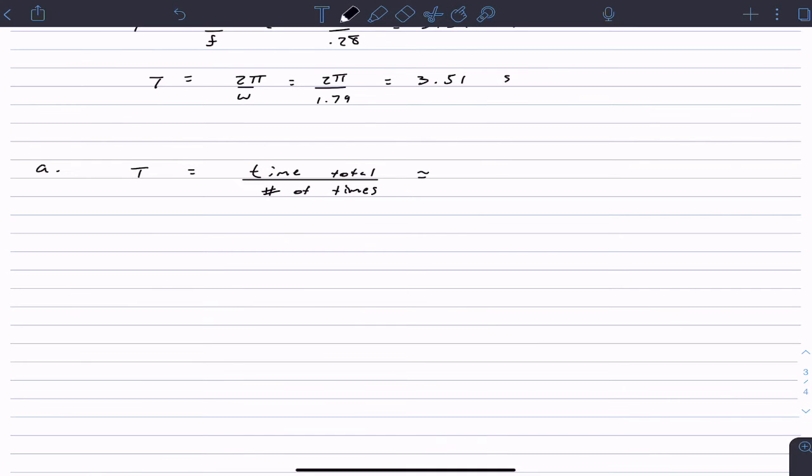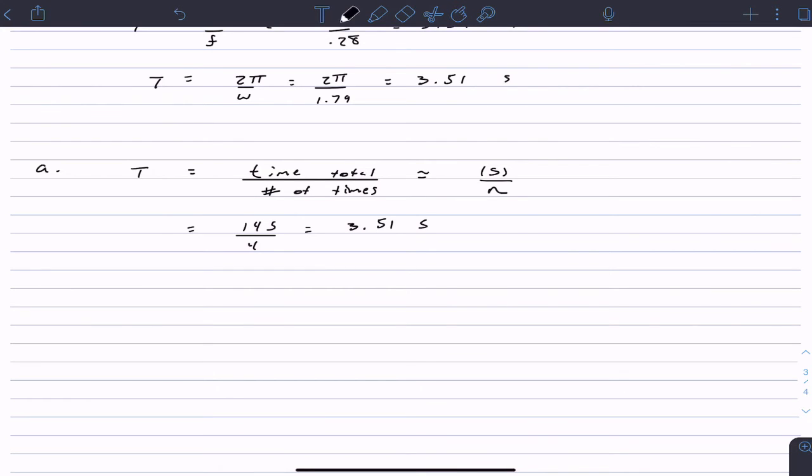you're looking for units of seconds over the number of times that something occurs, right? Total time of the event over the number of total times that it's occurred, and this gives you a value of 14 seconds over, what was it, 4 cycles, and this is going to be the same answer, 3.51 seconds.